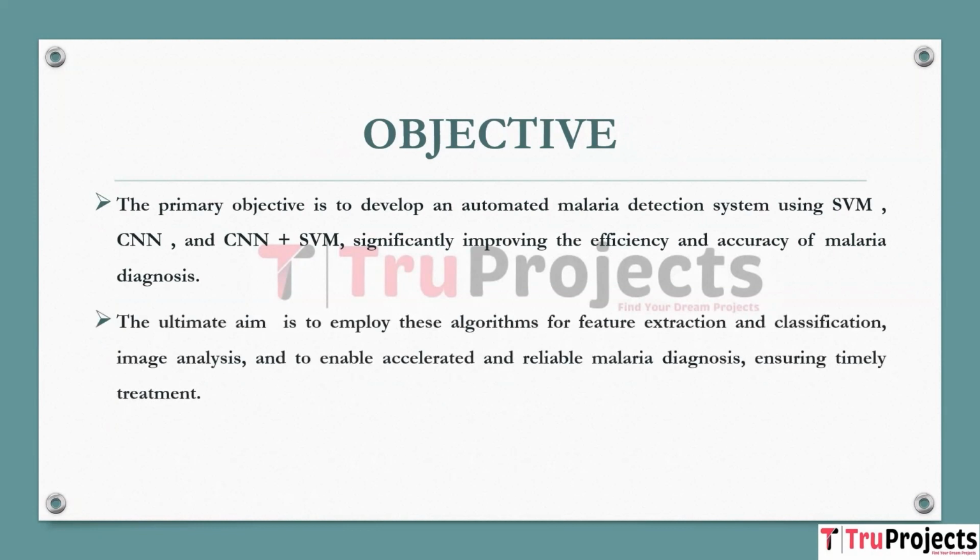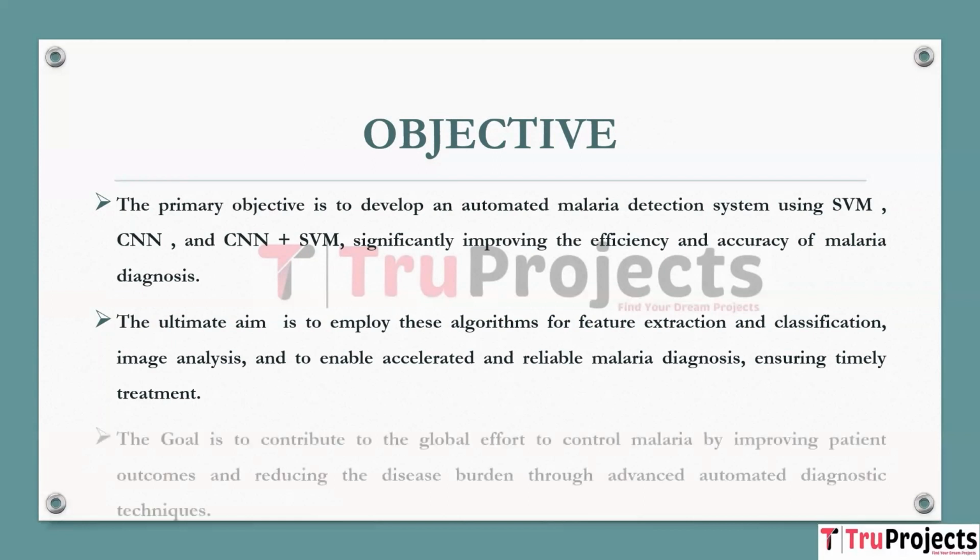The ultimate aim is to employ these algorithms for feature extraction and classification, image analysis and synergistic combination of CNN with SVM to enable accelerated and reliable malaria diagnosis, ensuring timely treatment and minimizing occurrences of false positives and false negatives. The overarching goal is to contribute to the global effort to control malaria by improving patient outcomes and reducing the disease burden through advanced automated diagnostic techniques.